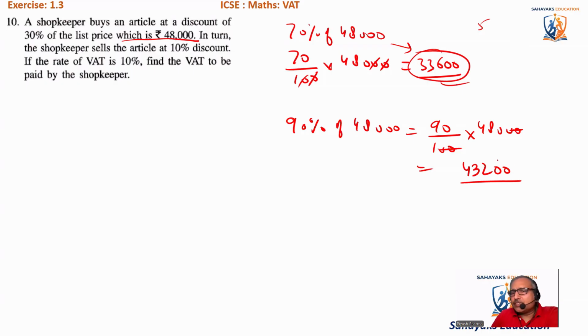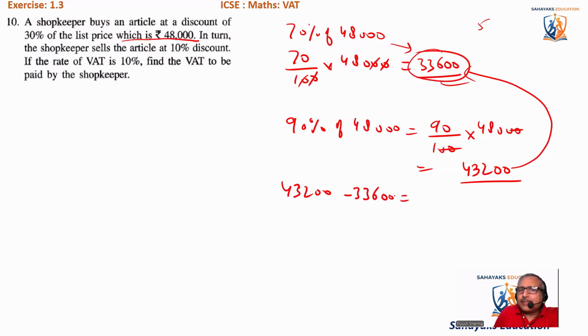How much VAT is he going to pay? First of all, we'll find the difference. What is 43,200 minus 33,600? This value will come out to be 9,600.